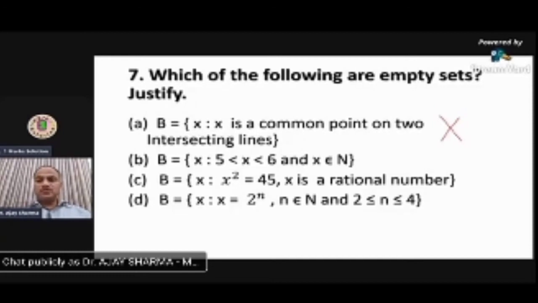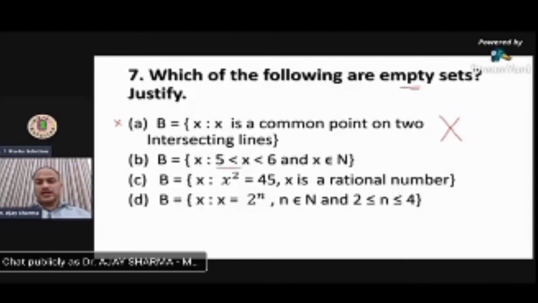Obviously there is only one point which is common on these two lines, a well-known thing. We have to tell empty sets, and this set will have one common point, so it cannot be empty. So this is wrong. Now next we have X such that 5 less than X less than 6.